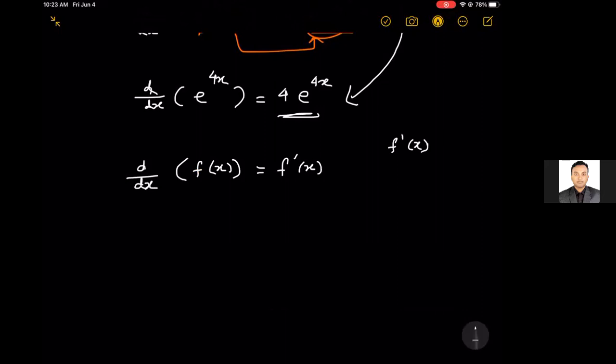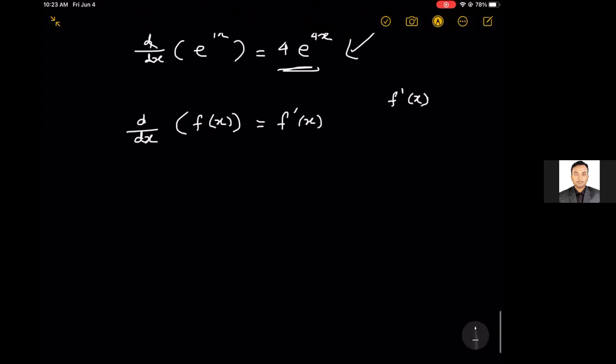Generally we write f prime. That shouldn't be a problem. Now, if we're trying to find the next derivative of it, what we want to do is just find the derivative of the first derivative. This way we'll get the second one. And we can keep doing this as long as it's differentiable, as I said.